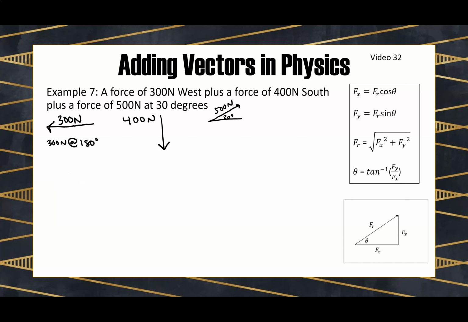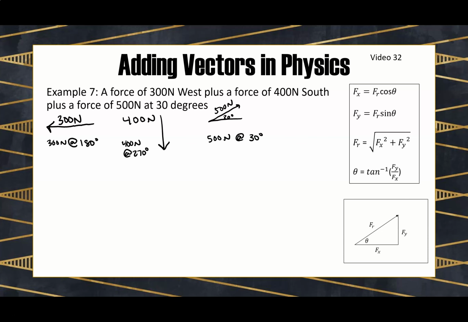If you're south, what would that angle look like? Going south, you're starting here and then you're going down to this. That would be an angle of 270 degrees. So I'm going to write that here as 400 newtons at 270 degrees. And then here I've obviously got 500 newtons at 30 degrees.